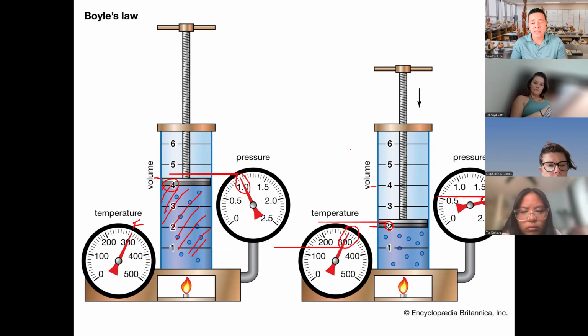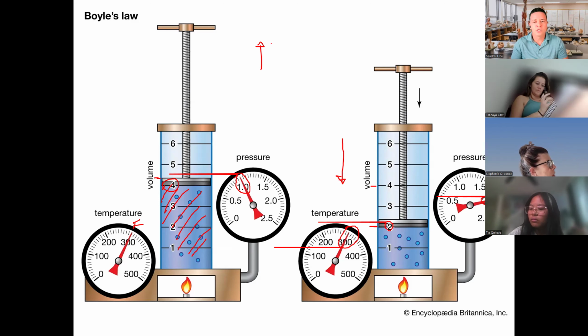So we can see how we decrease the volume, and when the volume was decreased, the pressure increased. And that's what Boyle's law says. When we increase the volume, the pressure goes down inside of the container. When we decrease the volume, the pressure is going to go up in the container. Okay, that's the inverse relationship.